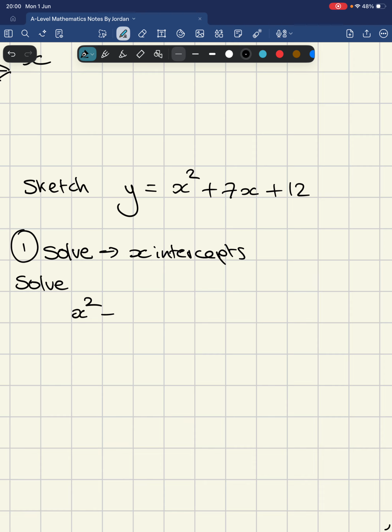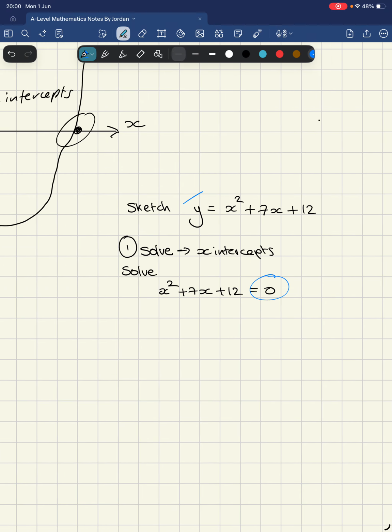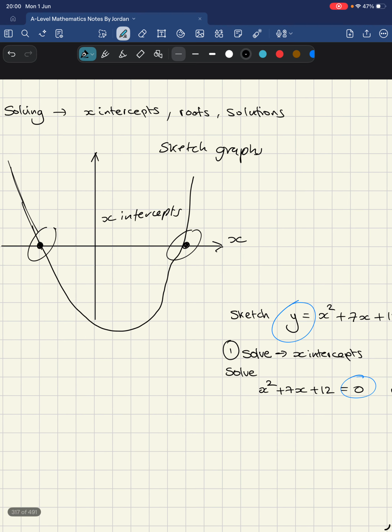when the quadratic is equal to 0. Now, why equal to 0? Why do we have to do this when we solve? The reason is because originally it was y equals this quadratic. So what we're effectively saying is we're finding when y equals 0. Okay, now what does that mean?